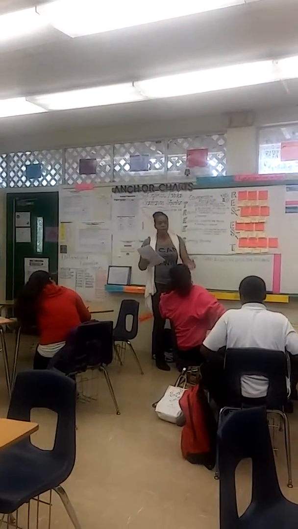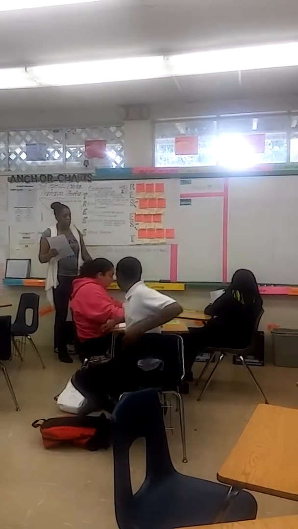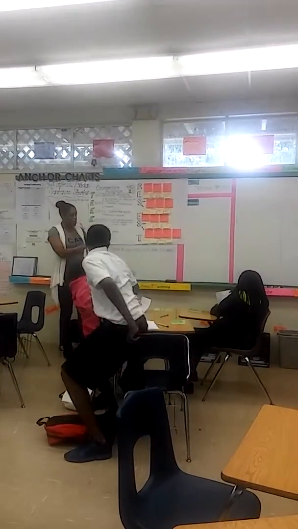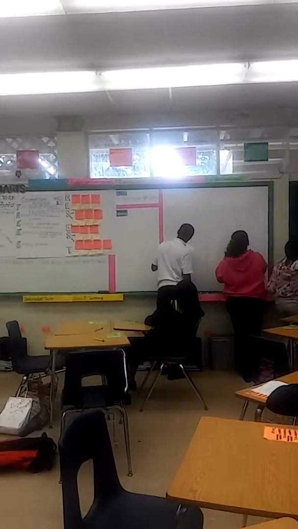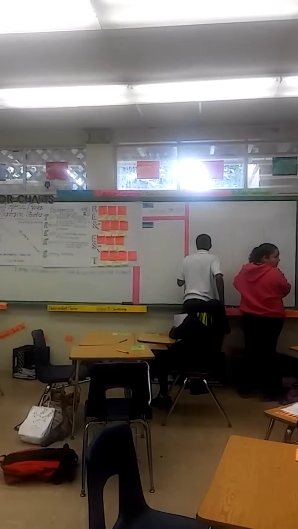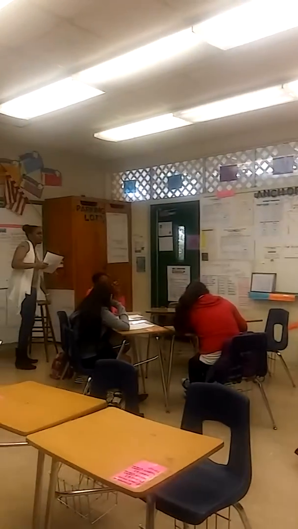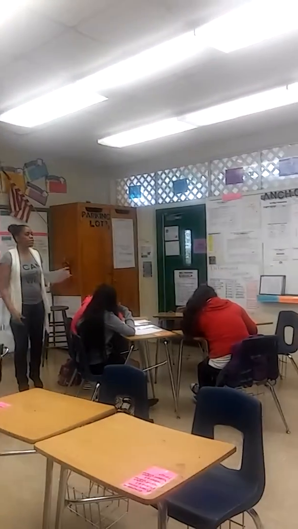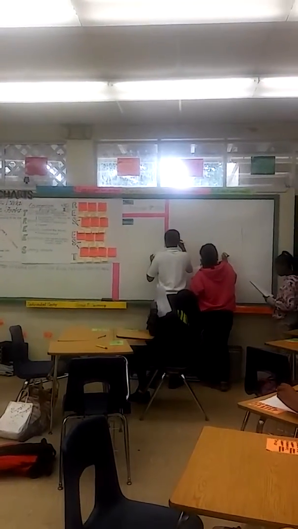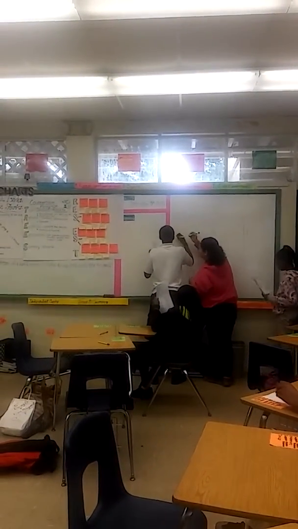All right, DeAndre, you can go ahead to number 1. Who wants to do number 2? Okay, Milagros, you can go to number 2 and then number 3. All right, Brianna, go ahead. Do not help them. Let them do it by themselves, and then we'll see what the results look like. If it needs correcting, you're going to rewrite the sentence over with the corrections. All right? If it's fine the way that it is, just write the word correct.